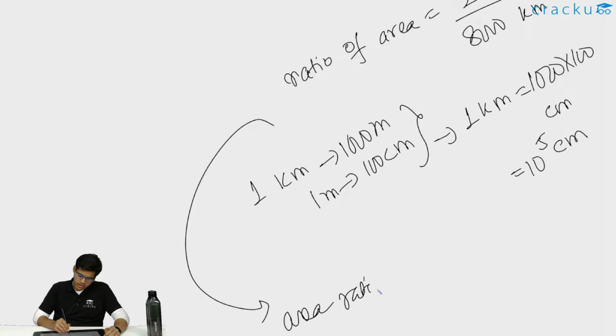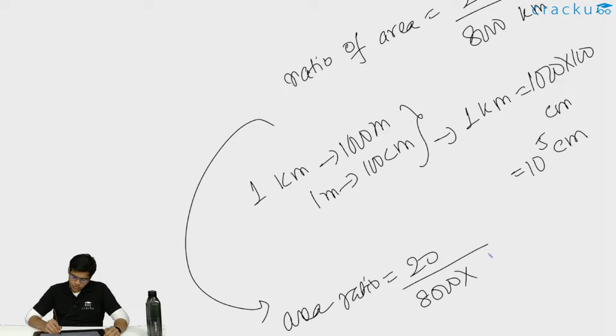So area ratio is 20,8,000 into 10 to the power 5 centimeter. Now here it is given kilometer square, means kilometer into kilometer. 1 kilometer is 10 to the power 5 centimeters. So it is 10 to the power 5 into 10 to the power 5. Right?